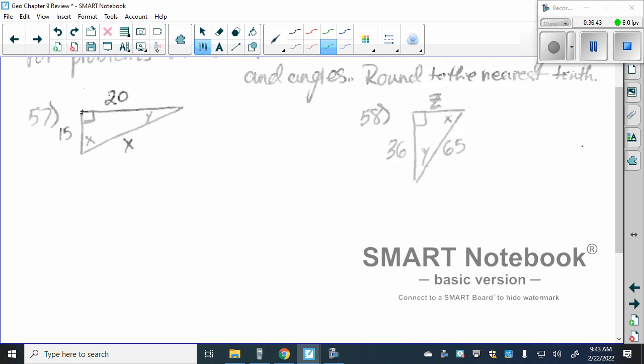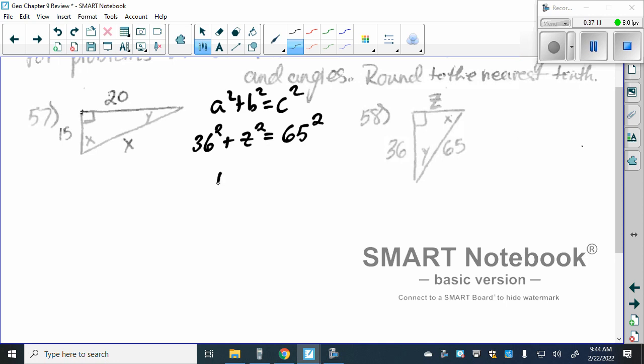Because for 58, we can use the Pythagorean theorem to find the missing side length. For a squared plus b squared is equal to c squared. So we'd have 36 squared plus c squared is equal to 65 squared. So we do need to be careful to make sure that we're not assuming that it's always going to be the hypotenuse that we're finding.